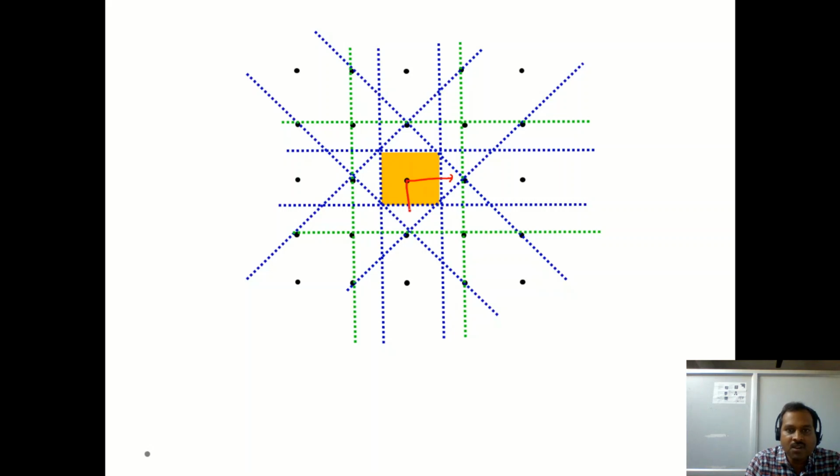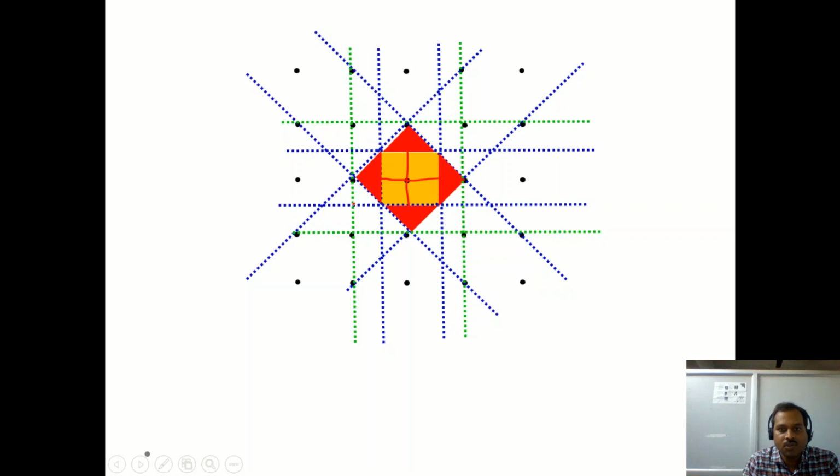Similarly in this case we can go from here to here, and then here to here. So we are allowed to cross only one Bragg plane to construct the second Brillouin zone. So this is the region.